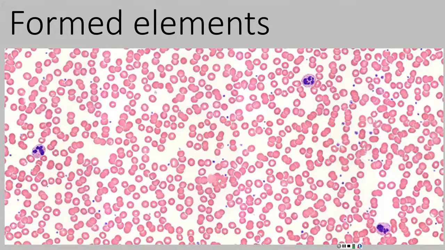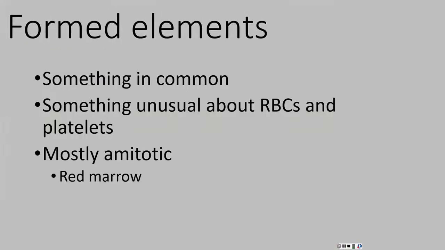So the things that we're going to be talking about pretty much for the rest of this chapter are formed elements. Now, there are different formed elements, and they all have something in common, and that is they are all cellular in origin. They are either cells or something that came from a cell but has changed a bit.